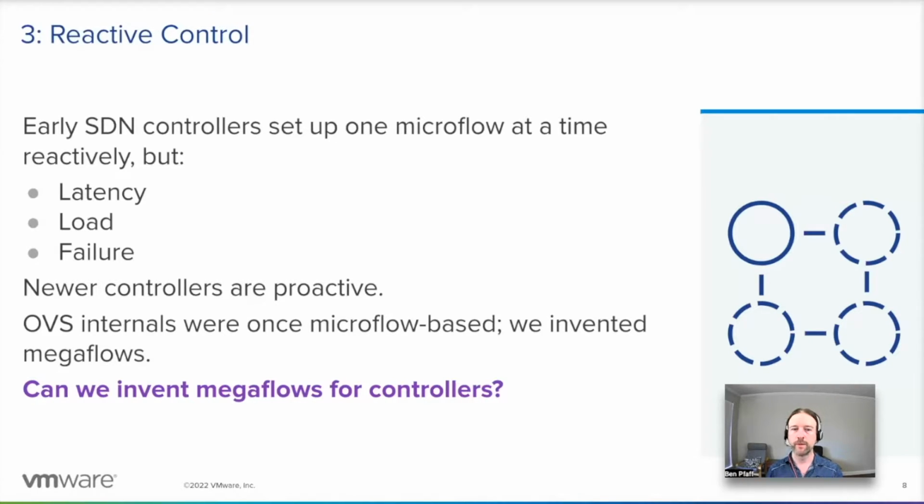But we came up with a twist on it where we set up a flow that was bigger than a microflow when traffic showed up, which cached better and avoided a lot of these performance problems. Is it possible to do something like that for network virtualization? And would it be effective? I personally think it's worth looking into. It would, at any rate, I've got a catchy name for it already. We could call it gigaflows.